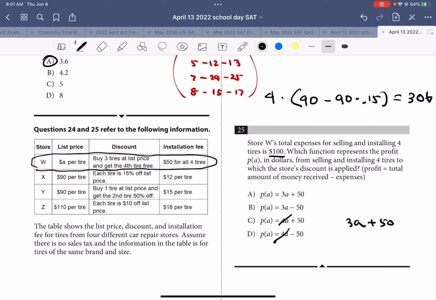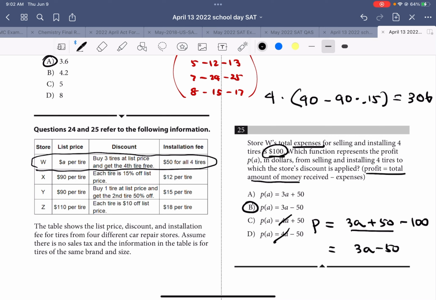Now, total expense is $100. So the profit is the total amount received from the customer minus expense. Expense is $100. Then that's going to be profit. So if you simplify, 30A minus 50, answer B. So follow this one.